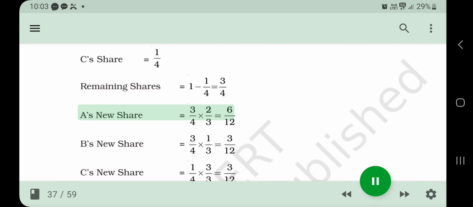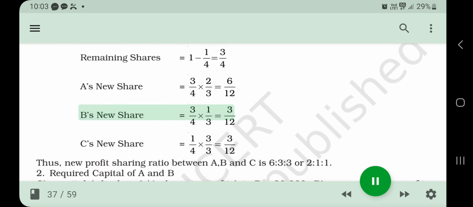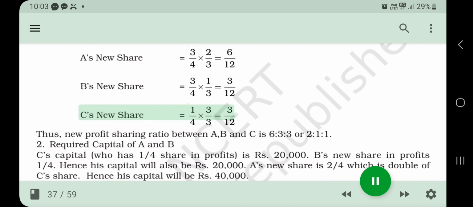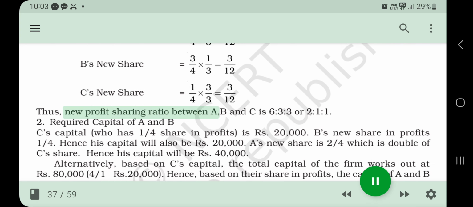A's new share equals 2/3 of 3/4 = 2/4. B's new share equals 1/3 of 3/4 = 1/4. C's new share equals 1/4. Thus, new profit sharing ratio between A, B and C is 2/4 : 1/4 : 1/4, that is 2:1:1.